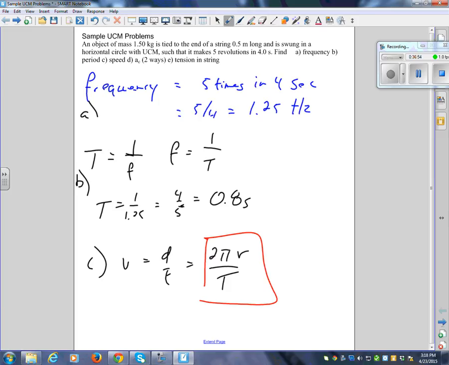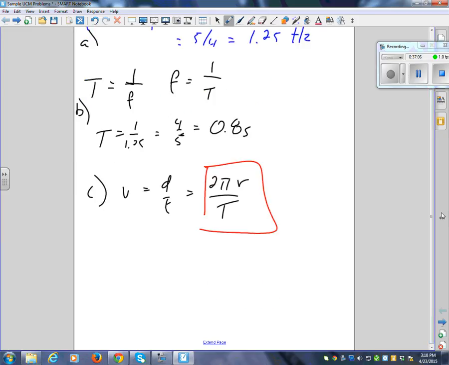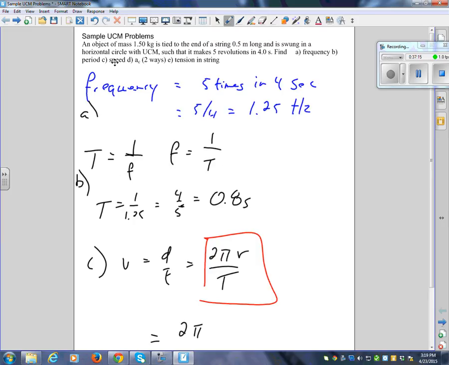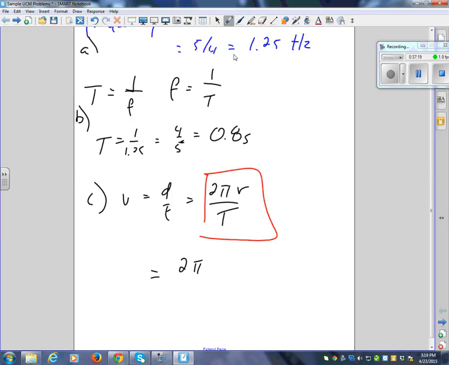The speed is the distance, which is the circumference, 2 pi r, divided by the time. What's the radius of this thing? The string is 0.5 meters long, so my radius is 0.5, and my period is this 0.8 value that I just came up with.